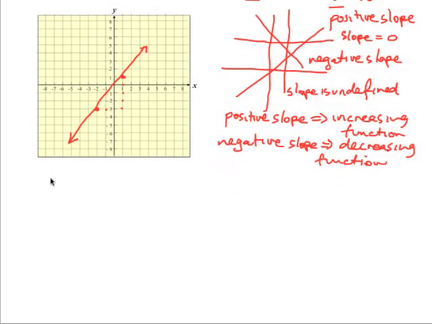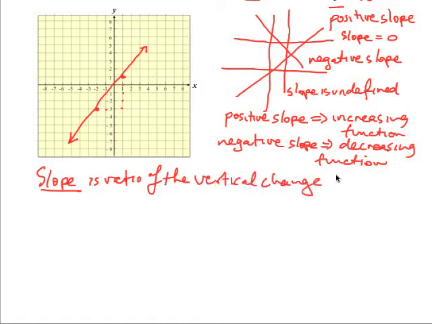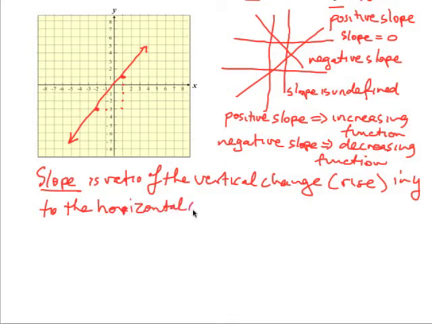All right, now another thing about the slope is this. The slope, remember, is telling us the ratio of the vertical change, which is the rise in the y variable, to the horizontal change, which of course is the run in the x direction.